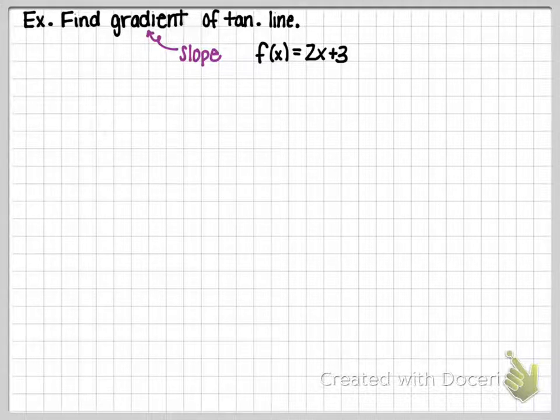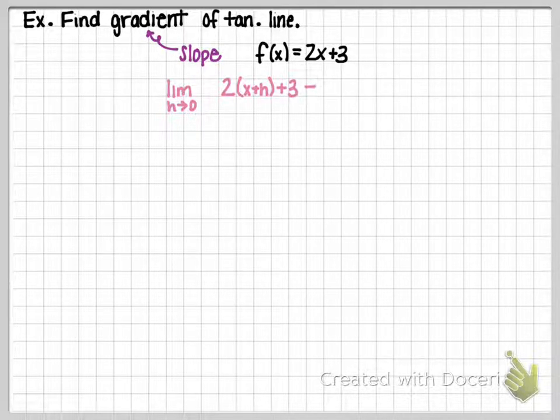Alright, so we're going to pop it into this formula where we have the limit as h approaches 0 of, now first of all, we have f of x plus h. Remember, x plus h needs to go inside of my function. So I'm going to have 2, and then instead of just having x there, I'm going to have x plus h, plus 3.